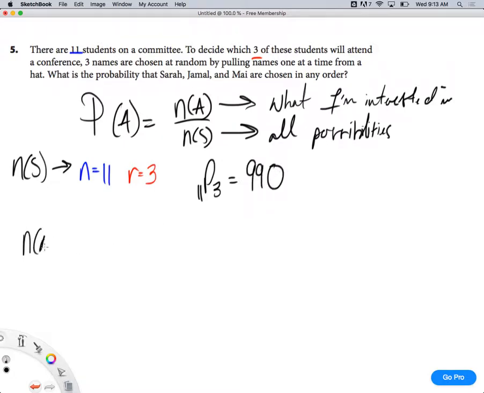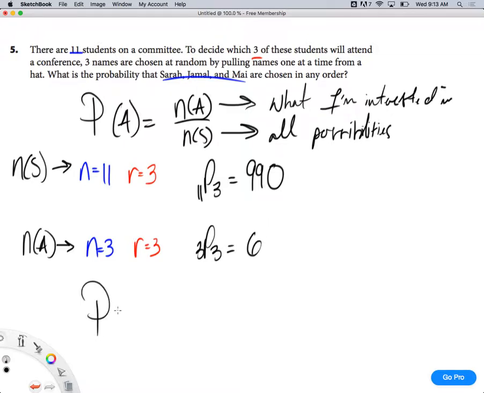Now to find NA, this is what I'm interested in. Who am I interested in? 3 people, Sarah, Jamal, and Mai. So N is equal to 3. I'm only interested in 3 people now, and I'm still choosing 3 of them. So it's 3P3, which is 6.